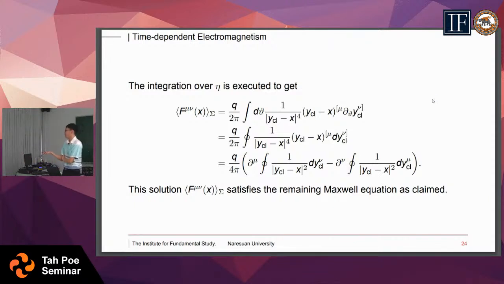And as I said, it satisfies the remaining Maxwell equation. So that means that in this scenario, by averaging the worksheet with the string action, we recover the classical theory of electromagnetism.